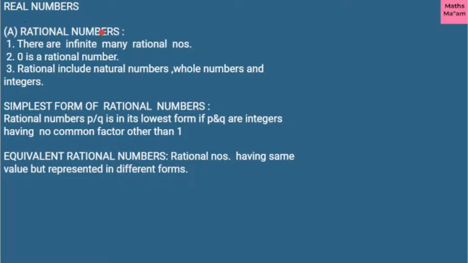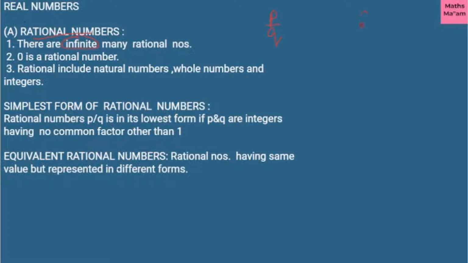So first of all, let's do the rational numbers in some detail. Rational numbers are the numbers which are written in the form of p by q, and they are infinite in number. There is no limit to rational numbers, just as there is no limit to numbers.